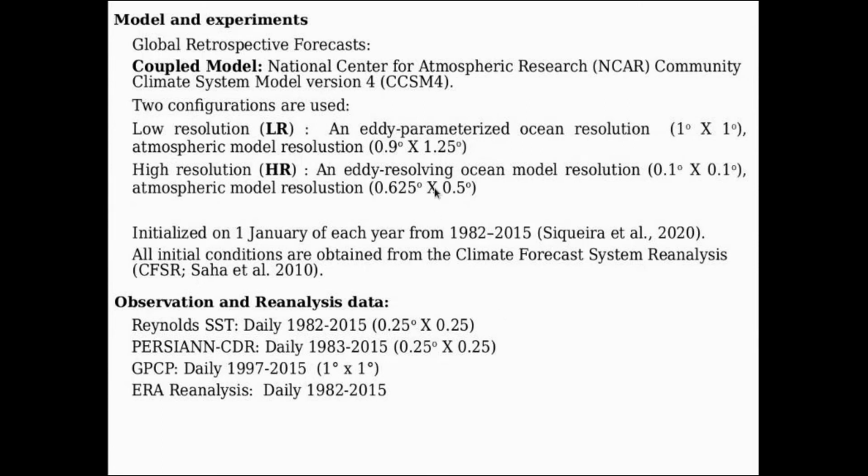We use the forecasts from 1982 to 2015, where each January of the year is initialized with the CFSR initial condition and run for the entire year. Here we use January to March, as our model is initialized in January.